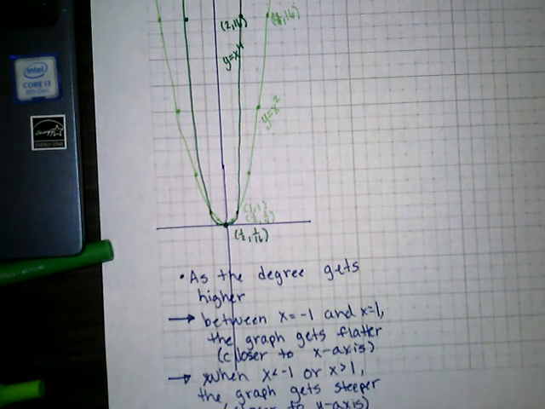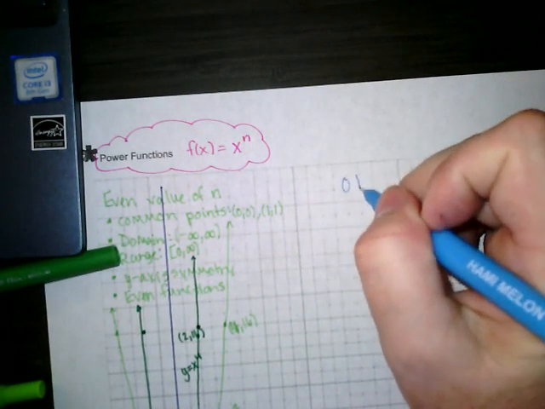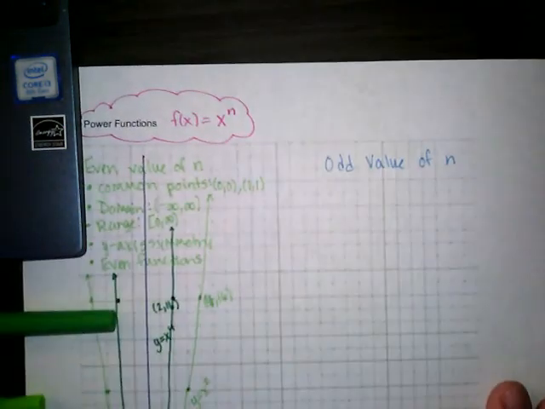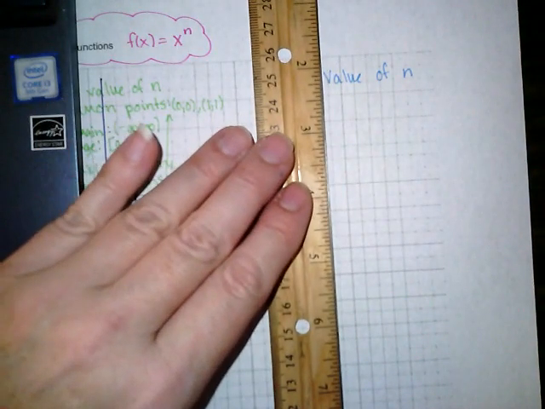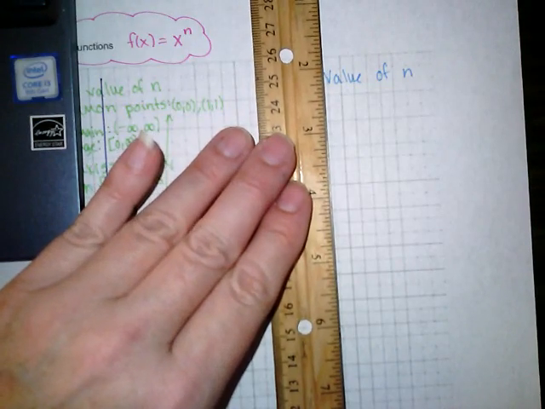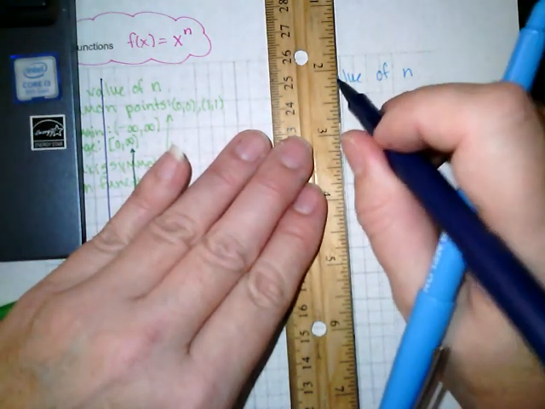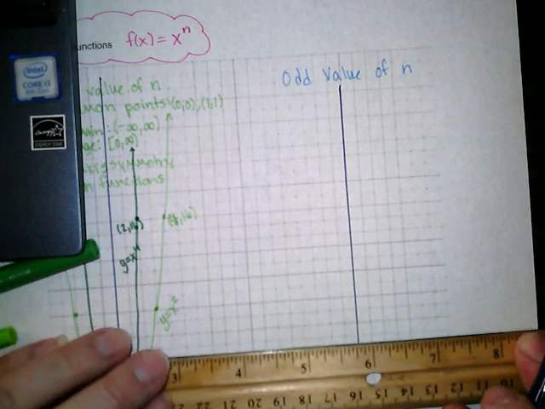Let's see what happens if we have odd values of n. So that's going to be like y equals x cubed. I kind of want this one to be tall as well.